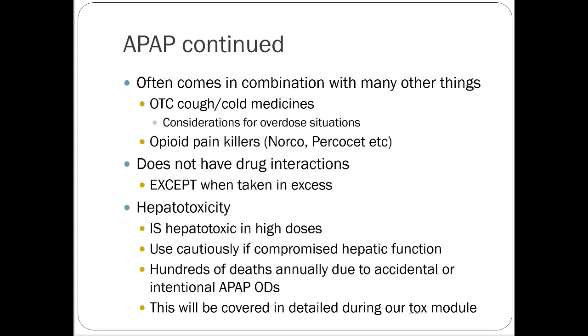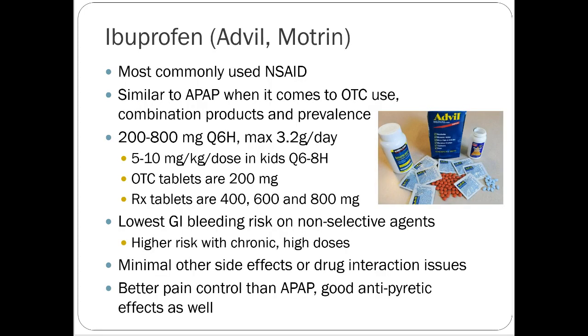This is one of the most common overdosed medications in the country. Fortunately, even if you do a pretty substantial overdose, we have a really good antidote for this, which again I'll go into during tox, but it is something that we can treat very well. And so most people don't go into liver failure because of this, but there are a small amount of patients that will lose their livers because of Tylenol ingestion.